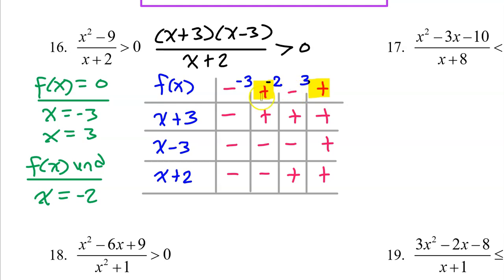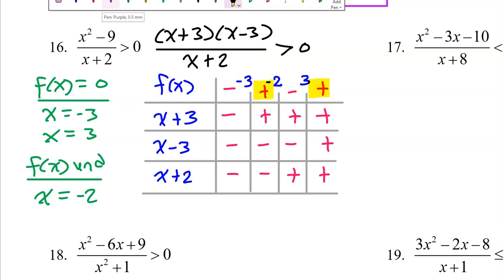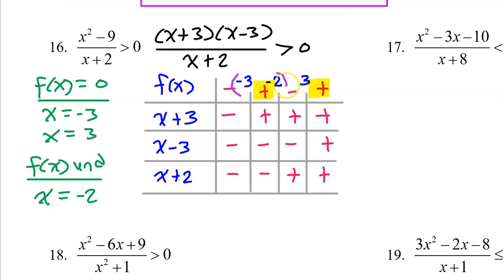No. We are not interested in the values where f of x is equal to 0 or undefined, only greater than 0. So we will show that the endpoints are not included by using parentheses, like this. So this first interval goes from negative 3 to negative 2, all parentheses, union, and the second interval goes from 3 to infinity.